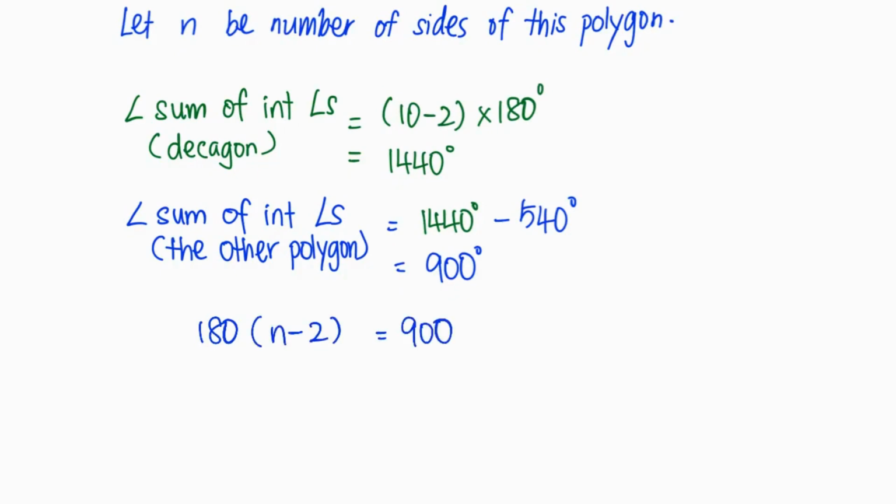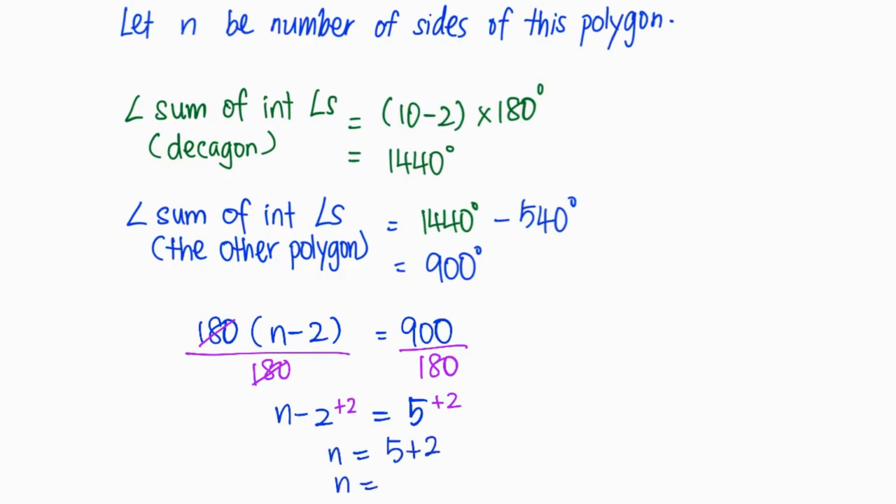I'm going to divide by 180 on both sides, so that here can divide off, left n minus 2. This one is equals to 5. So I'm going to add 2 to both sides. So therefore final answer, 5 plus 2, n is equals to 7.